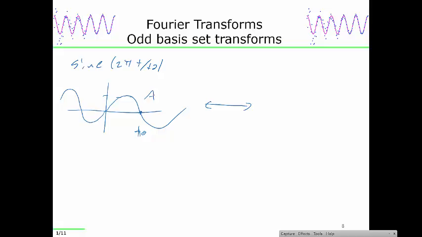Then its Fourier transform partner looks like that. This will be 0 when the argument is equal to pi, as well as 2 pi. It seems like it should be t0 over 2. Should also have a crossing there.